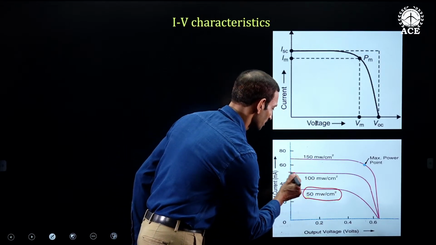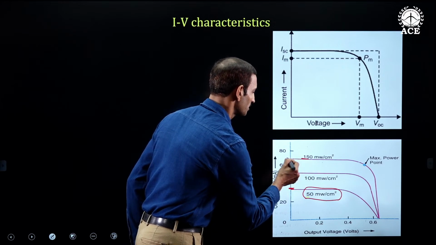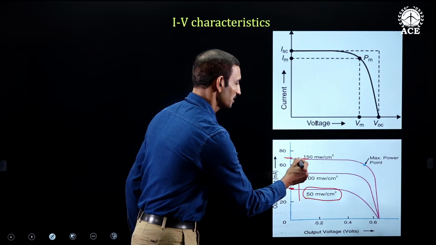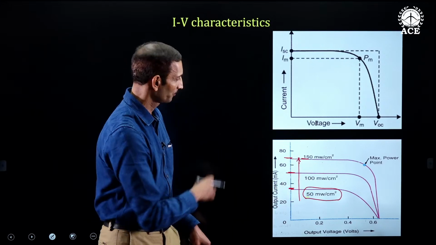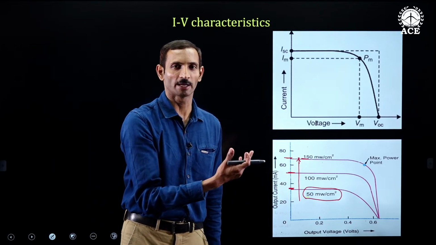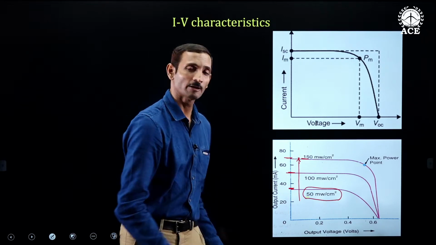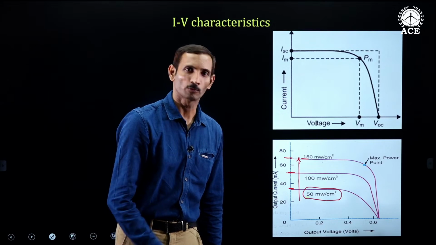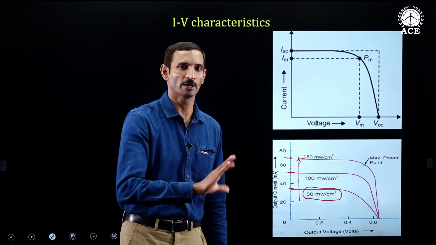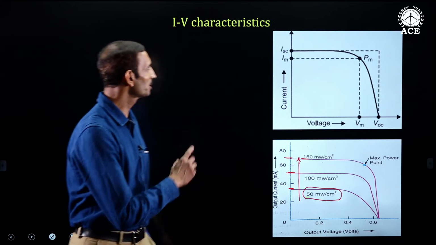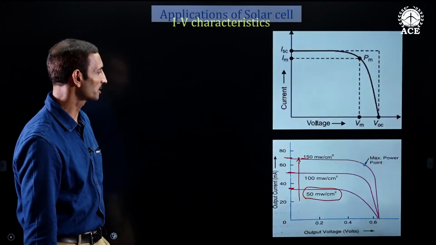For 100, this is the value of ISC. For 150, this is the value of ISC. That means as you increase the intensity of the photons, I mean the sunlight or the optical power, there will be an increase in the output of the solar cell also, in the form of an increase in its current. So this is about the VI characteristics of a solar cell.